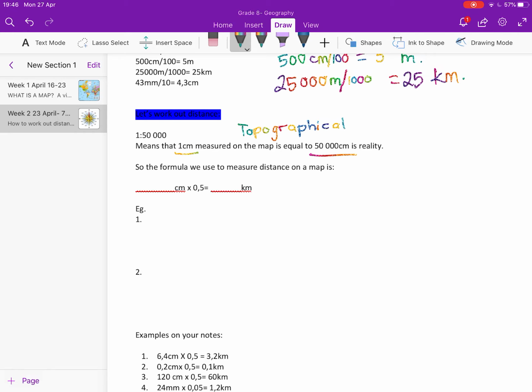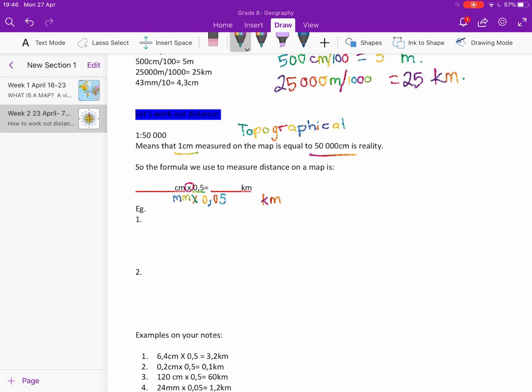So when we measure distance on a map, we are going to measure in either centimeters or in millimeters. When you measure in centimeters, you're going to times it by 0,5. When you measure in millimeters, you're going to times your measurement by 0,05 to give you an answer in kilometers.